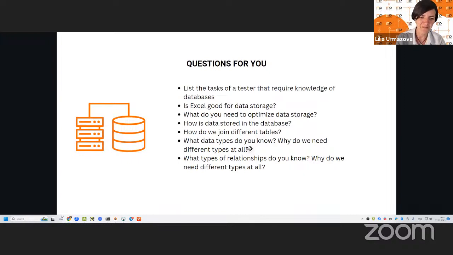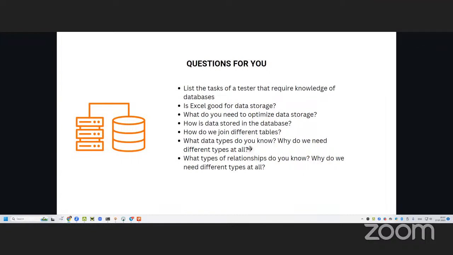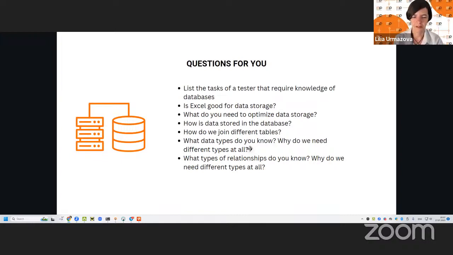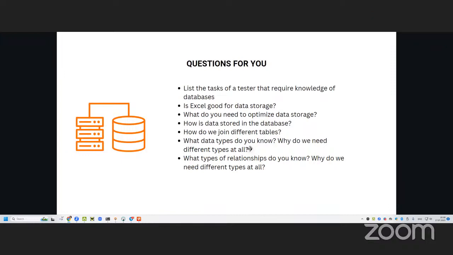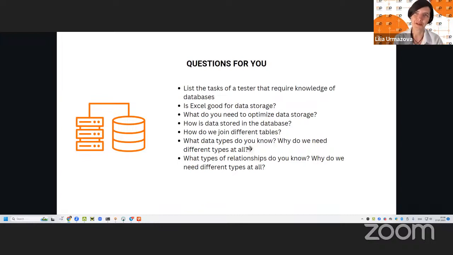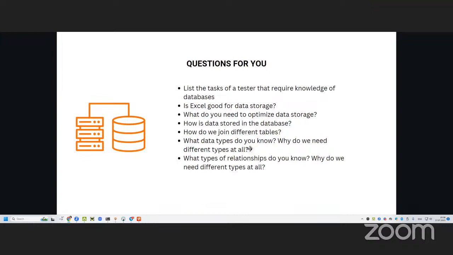Okay. So what data types do you know? I remember varchar and char, it's about text. And integer, it's for numbers, and date and time. Okay, correct. That's not all. You forgot one. It's all I remember now.